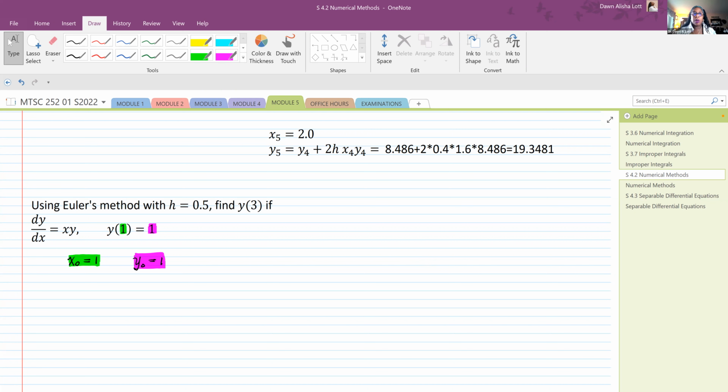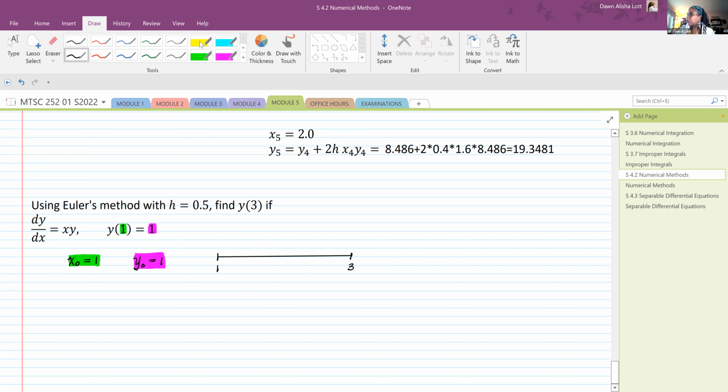We're starting with knowing y when x is 1. What we now want is y when x is 3. So that means we have an interval from 1 to 3.